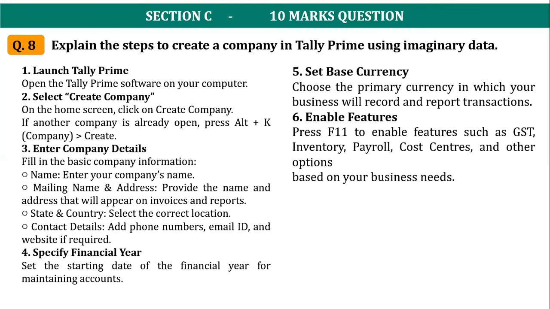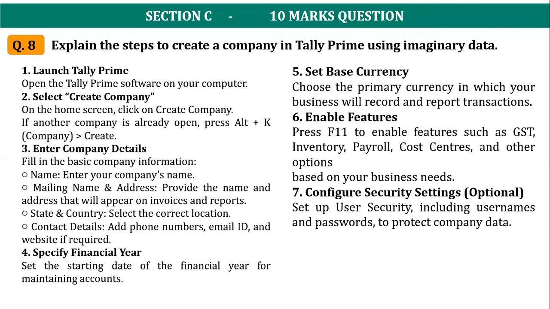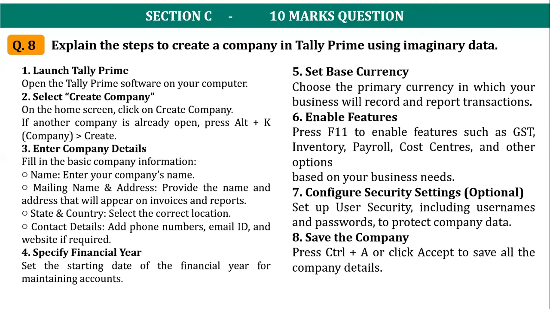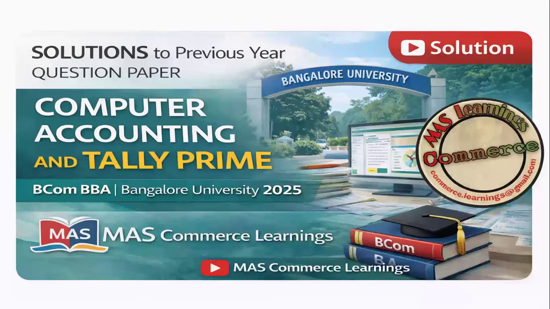You have to click and enable those features. Then configuration: if you want, you can put a password to protect data and all. Then press Ctrl plus A, not Ctrl Y. In such cases, the company will get created.